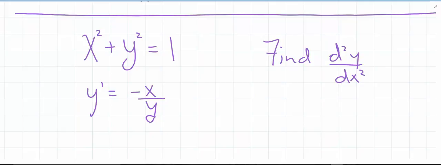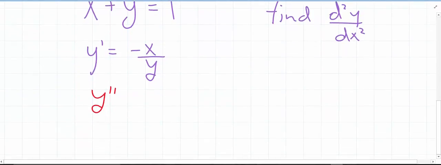Now, if you want the second derivative, you do exactly what you would think: you just differentiate. I'm going to differentiate the left-hand side here, and it's y double prime. But now when I come over to this other side, I've got myself a quotient rule to deal with. So here I go.